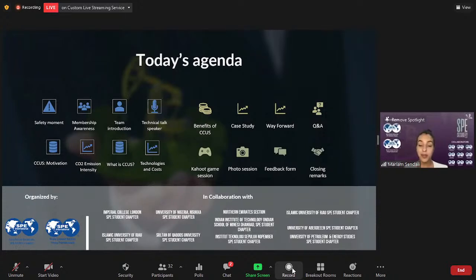After that, we are introducing our guest of honor, the technical talk speaker for today, who will be speaking about the CCUS motivation, CO2 emission intensity, what is CCUS, technologies and costs, the benefit of CCUS, a case study, and to conclude, a way forward. After that, we're moving to a question and answer session where we advise you to drop your questions in the chat box during the meeting, and our technical team will assist you.